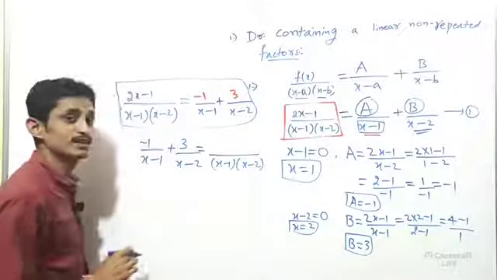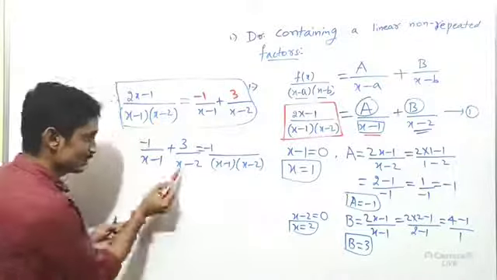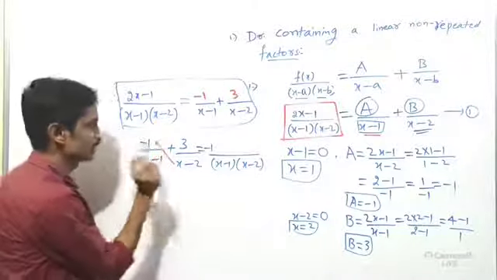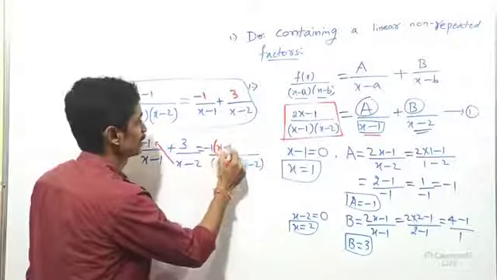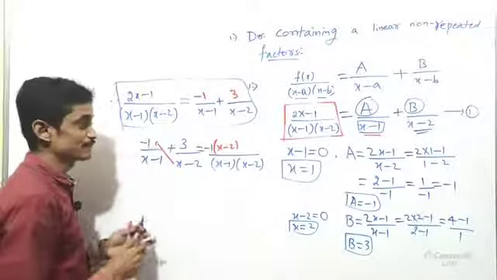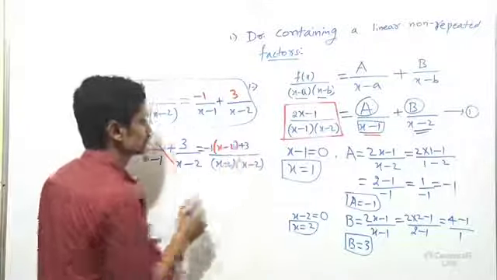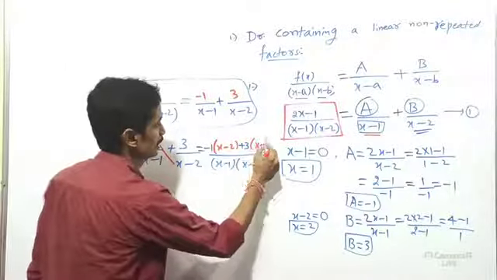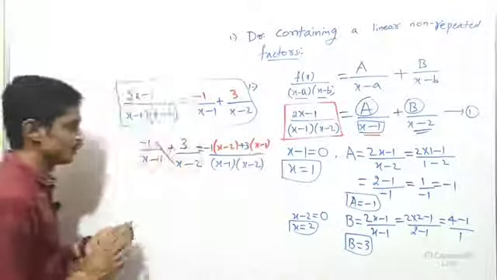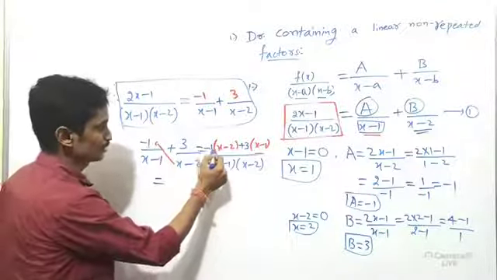Just taking the LCM, this is minus 1, and minus 1 into this factor I multiplied, which was not there, so x minus 2. After that, here what we have? Plus 3, 3 into x minus 1. Now, simplification.